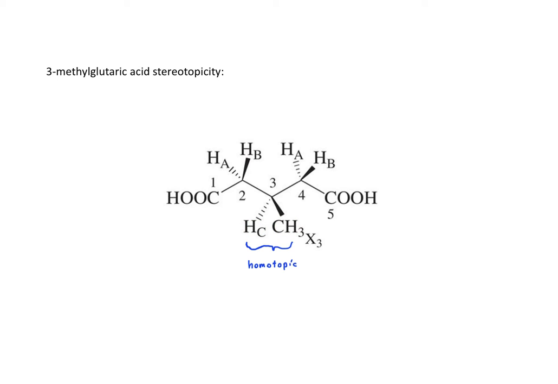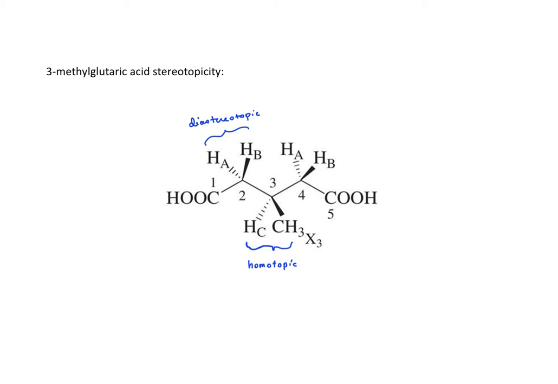For the methylene hydrogens, the individual hydrogens are diastereotopic. Changing one of the hydrogens to another group now creates 2 chiral centers at carbons 2 and 3.